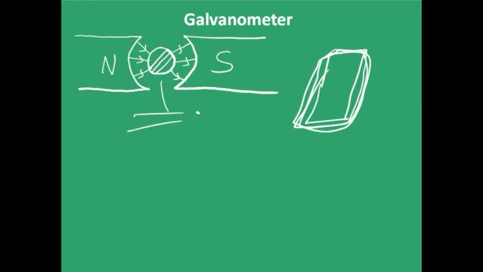And in the last video or before the last video, I've explained that when current passes through a loop and it is placed in a uniform magnetic field, it experiences a torque, right? And the torque is given by M cross B, where M is the magnetic moment. Now, for a single loop, it is current times area.